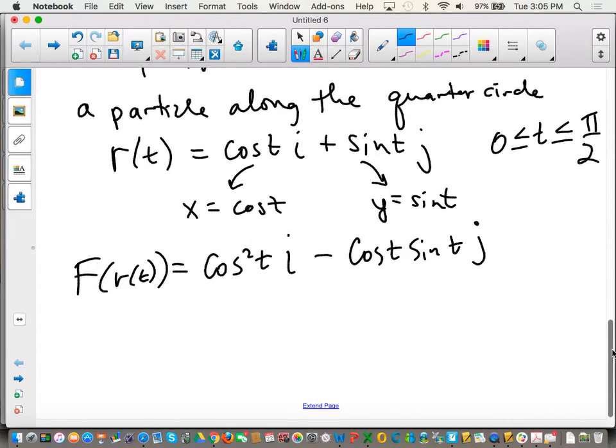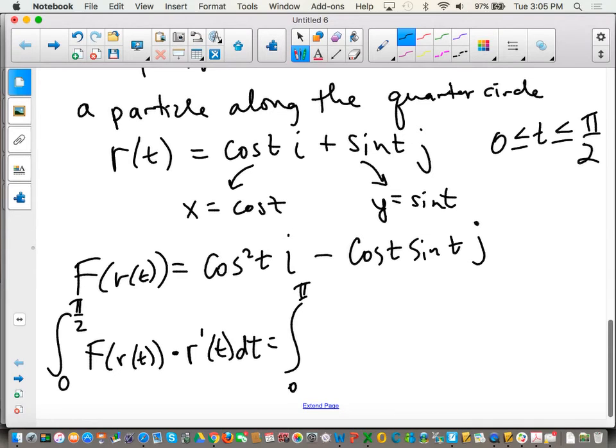Okay. And now we're going to take the integral from 0 to pi over 2 of F of r of t dot with r prime of t dt. We shove in here the derivative of this, r prime.